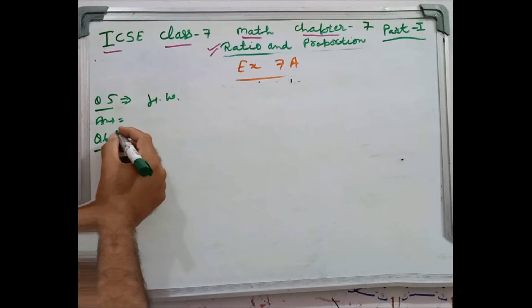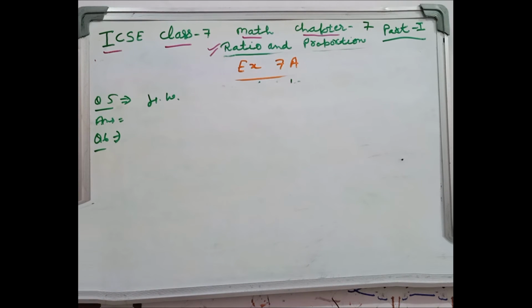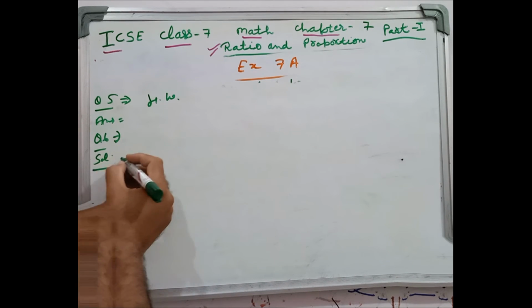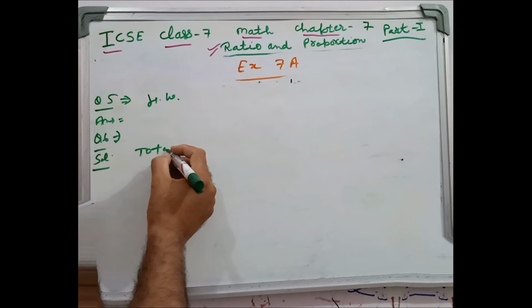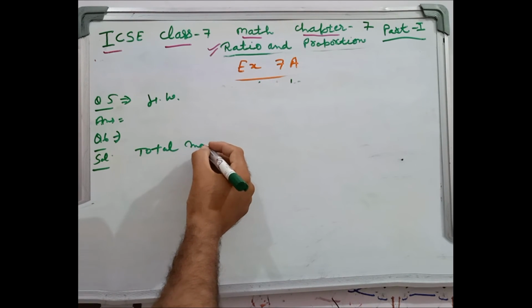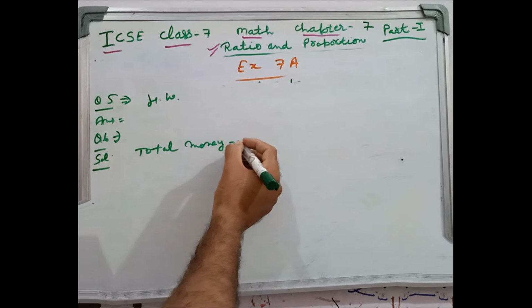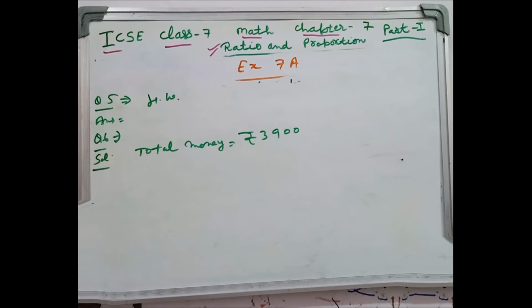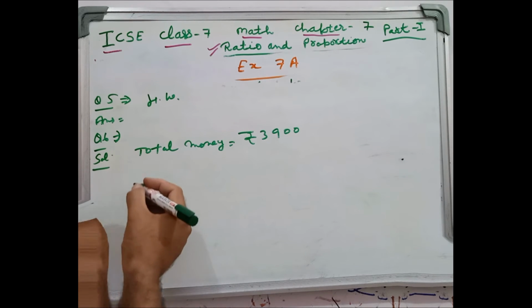Question number 6 is: divide rupees 3900 between Kunal and Preeti in the ratio 15:11. I am going to solve it. The total money that has to be divided is rupees 3900.